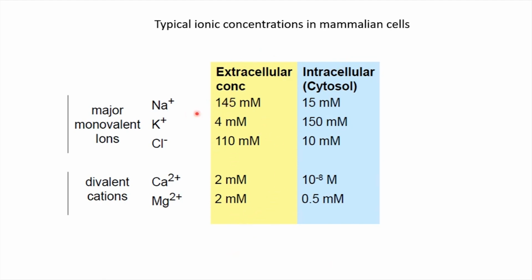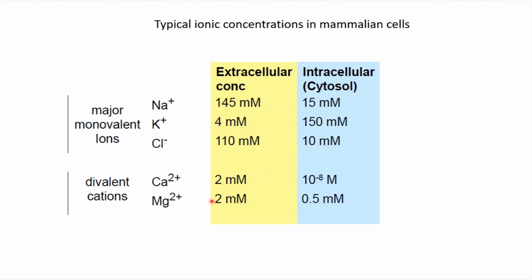And as you can see, sodium is present in the cells at a concentration of about 15 millimolar, but its concentration is almost 10 times higher outside, about 145 millimolar. Potassium shows the opposite trend, which is it is present at a higher concentration inside and at a lower concentration outside the cells. Chloride is similar to sodium. It is present at higher concentration outside and lower concentration inside.